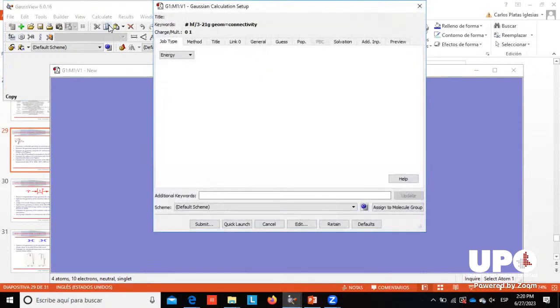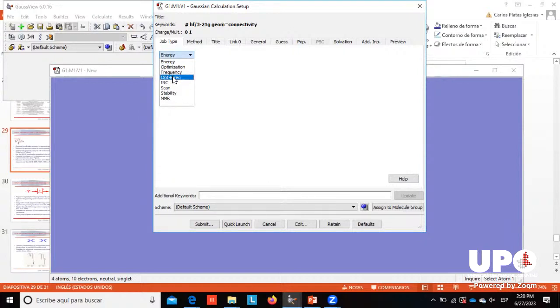So there we have a new screen so that we can prepare our calculation. So first we need to select the job type here. You see that we have different options. One of them is optimization, correct? And another one is optimization plus frequency. We will run that one, okay?